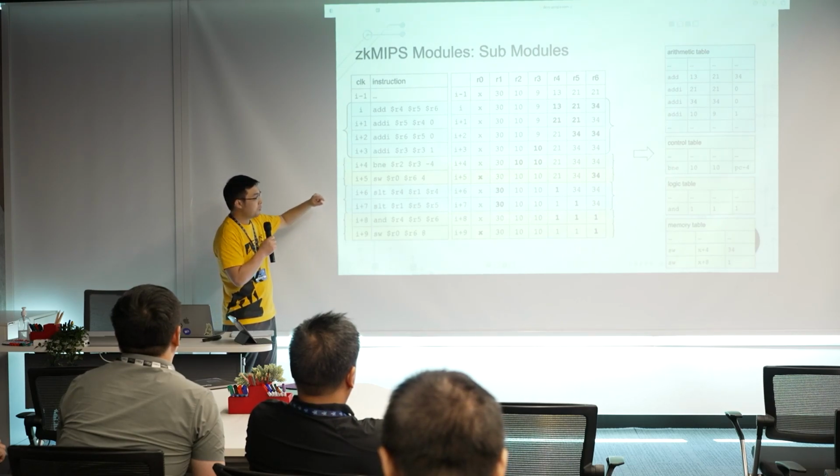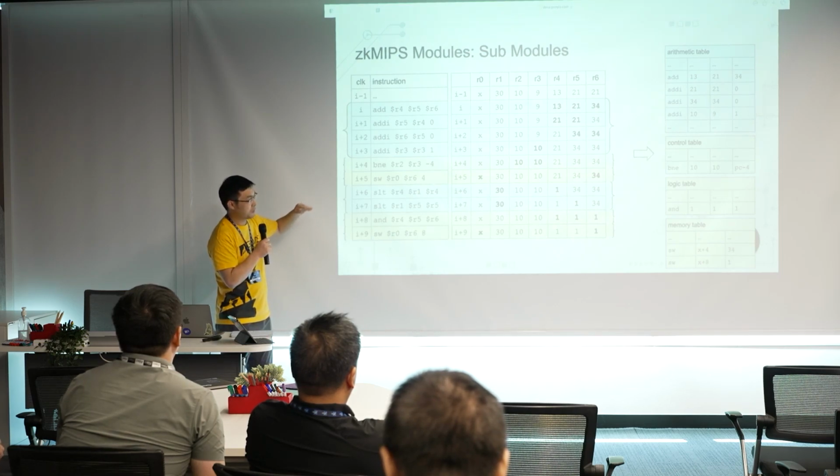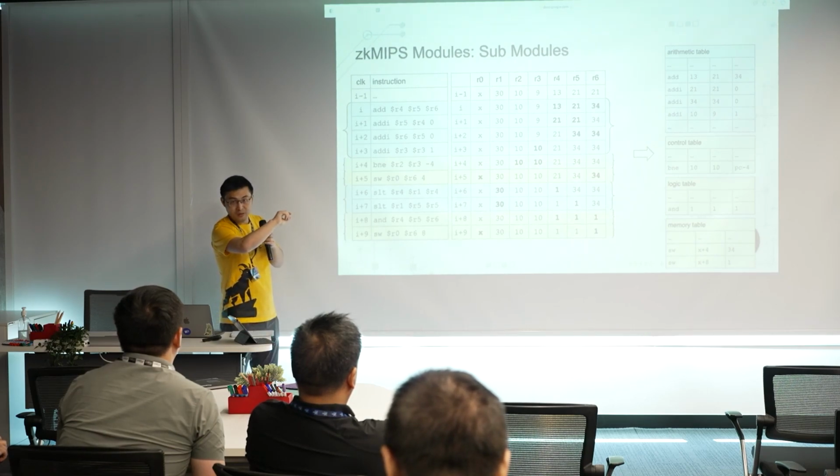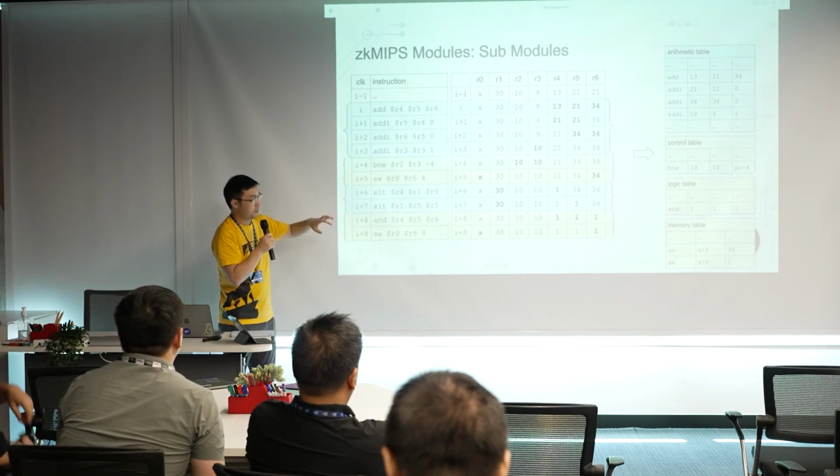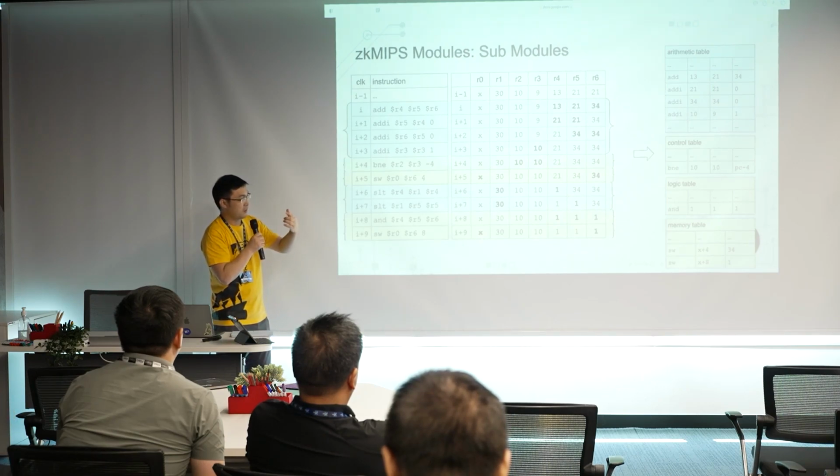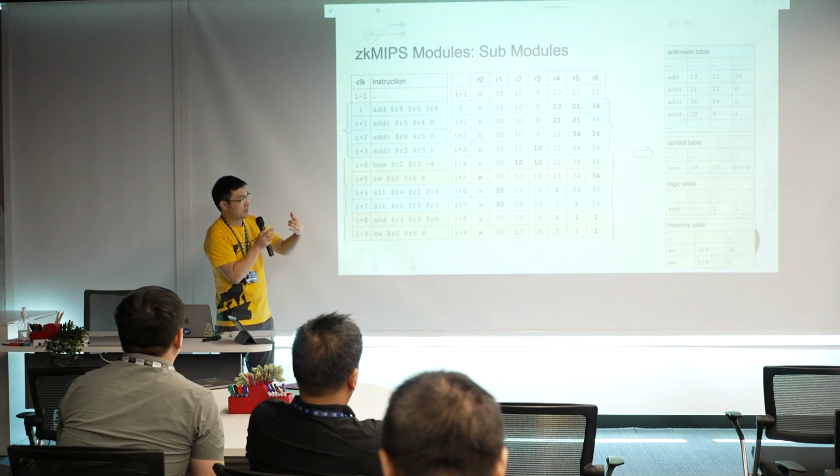So when we commit the big table, we need to make sure that the values we share with the smaller table are identical. That means when we commit all those tables, we also need to check the equivalence of those values between the different tables.